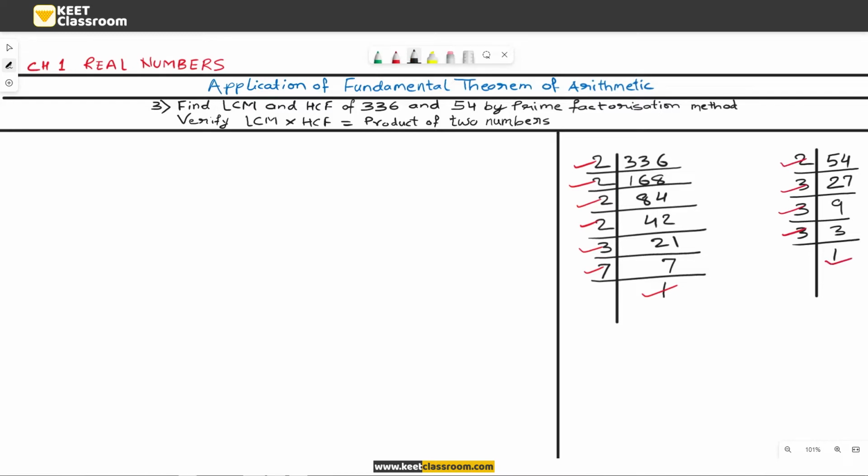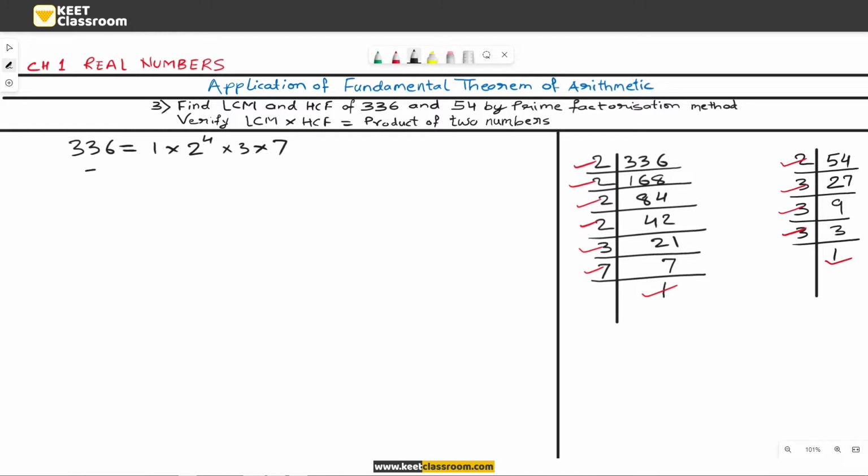Now let us write the factors in the solution part. So 336 is equal to 1 into 2 raised to 4. 2 is present 4 times, therefore we write 2 raised to 4, then into 3 into 7. So these are the factors of 336.